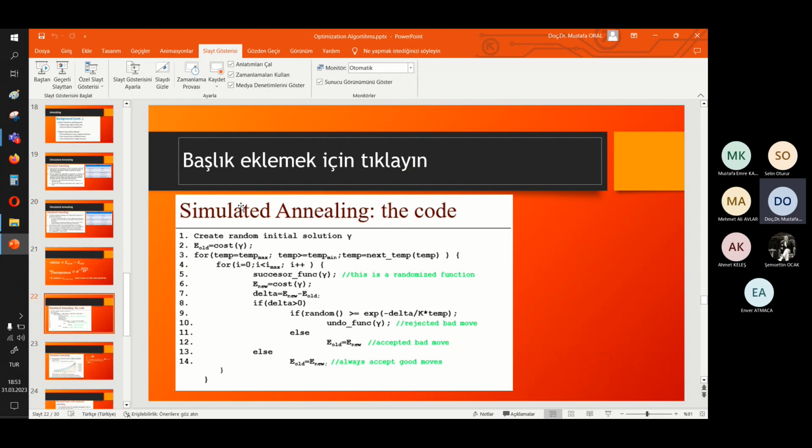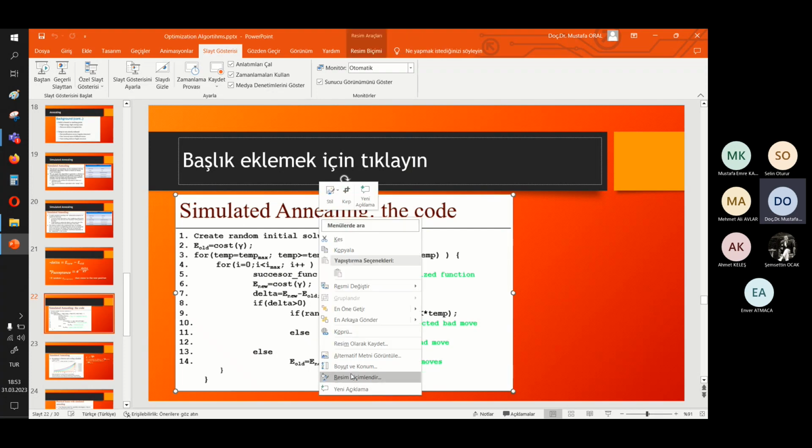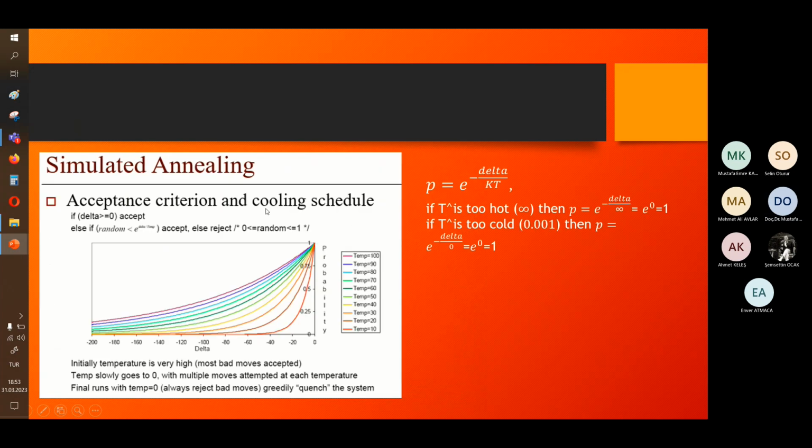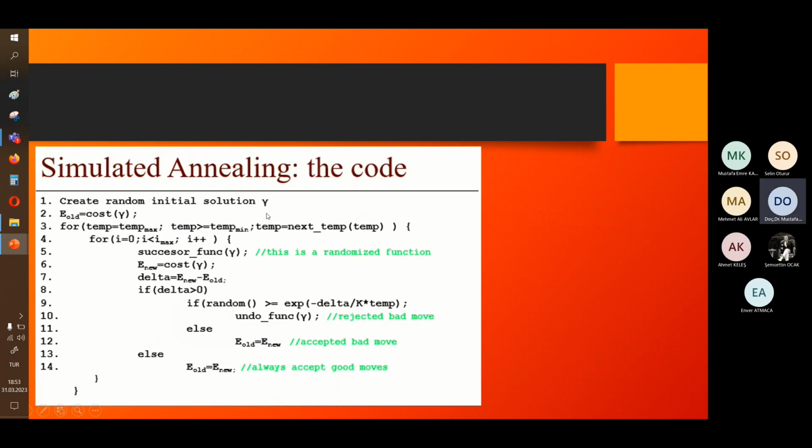Anyway, this is the pseudocode of simulated annealing, and it is not fully correct. At the beginning, by the way, create a random initial solution. I don't know the letter. Is it eta? I don't know, it is a Greek alphabet.